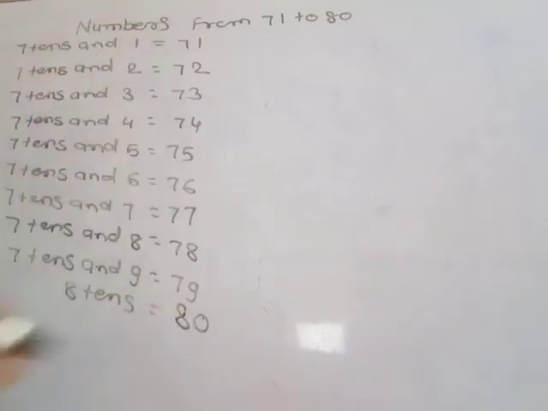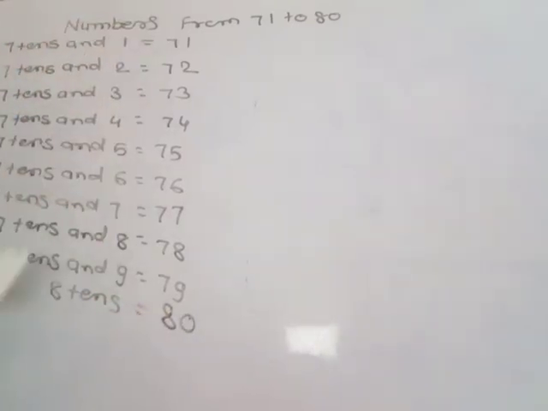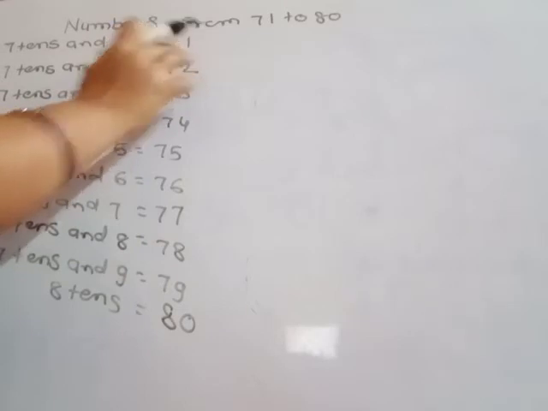In front of these numbers you write the number name in words. 71 means seventy-one.